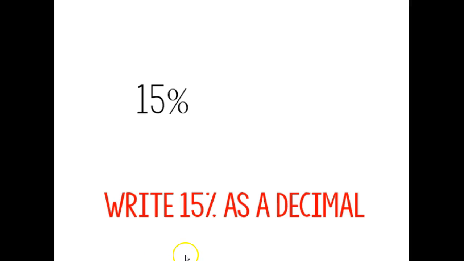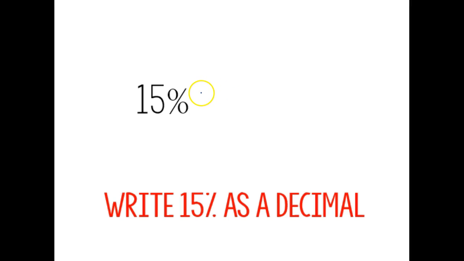Alright, now I want you to practice writing a percentage as a decimal. So go ahead and pause the video right now. I want you to write 15% as a decimal. Alright, now that you've had a chance to do this, I'm just going to go ahead and review.